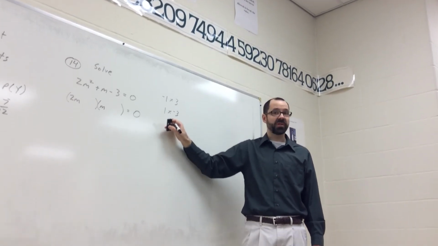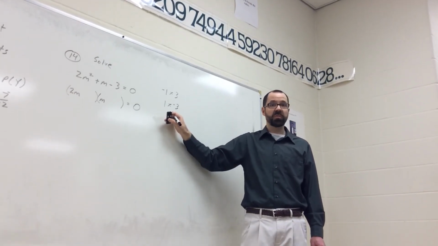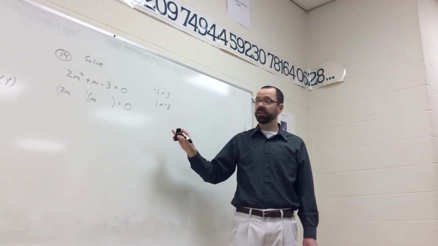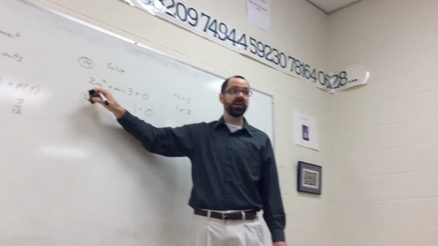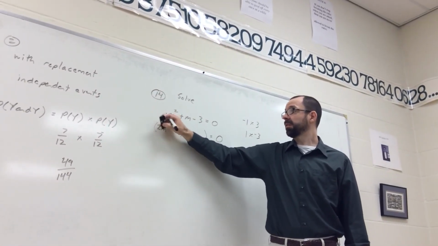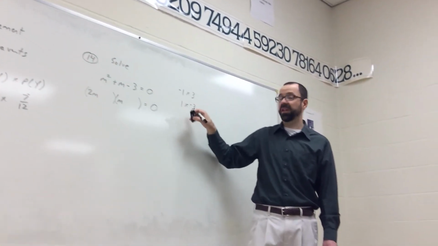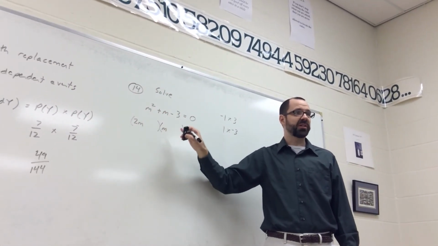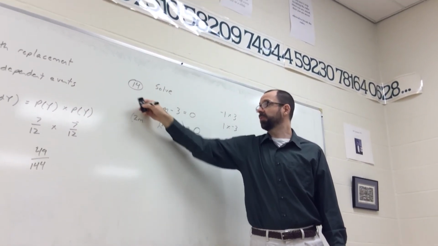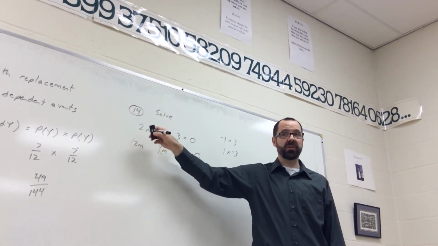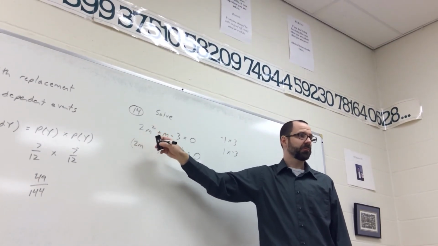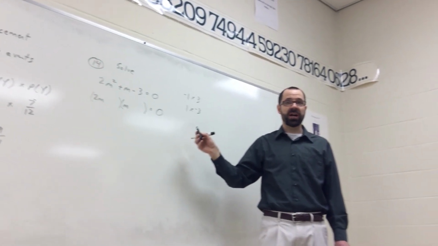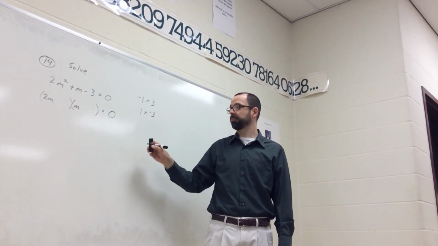So those are the two options to multiply to be -3. Okay, now if there wasn't a 2 here, then we would pick the pair that added to be 1. But that trick doesn't work when there's a number there, like 2 or 7 or 3. So we just have to try and see what works.